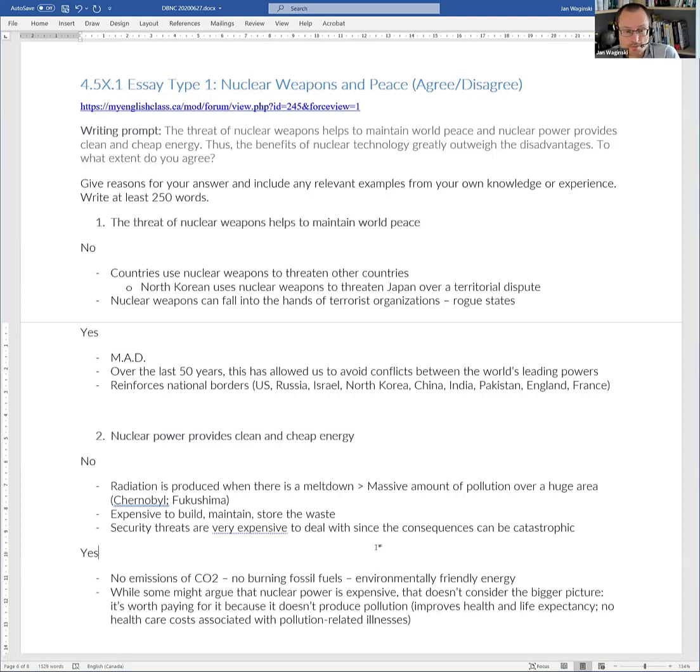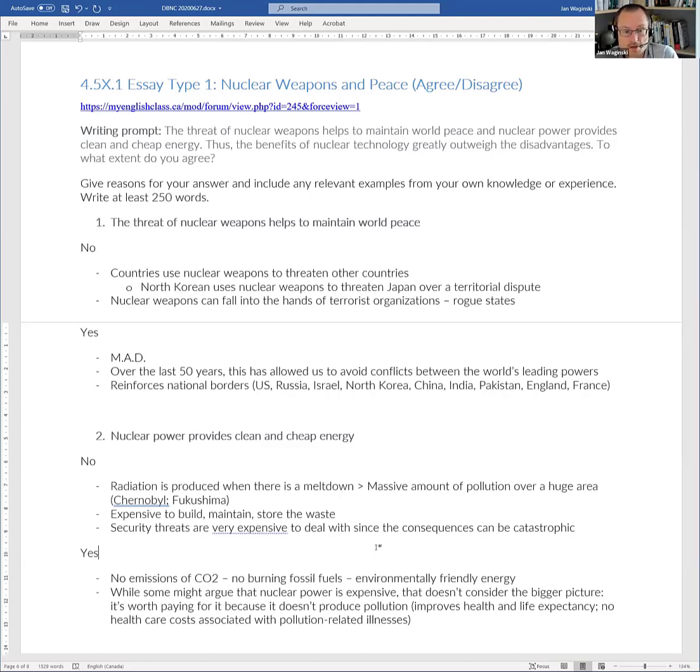You could pick no on one side and yes on the other, but it means you have to introduce a lot of other language to clarify that you have this dual position. It's much easier and much clearer to pick two no's or two yeses, just to be consistent. You're going to end up with a much stronger essay. If you want to try and do both, go for it, but I don't recommend it.